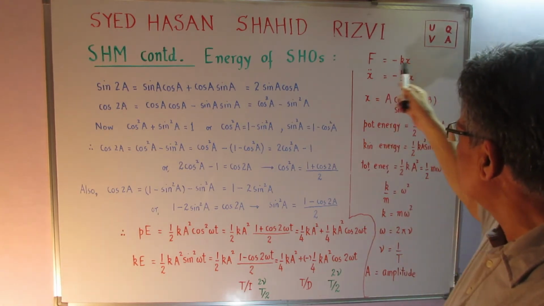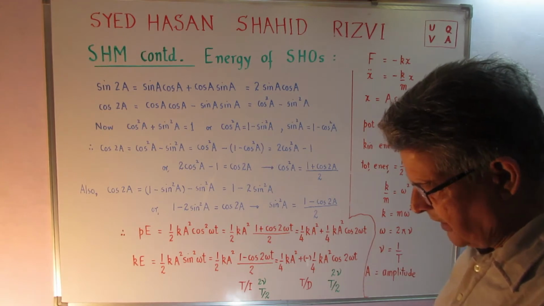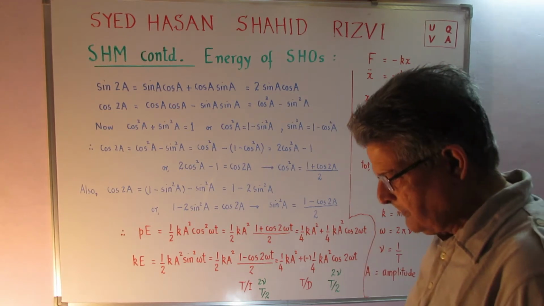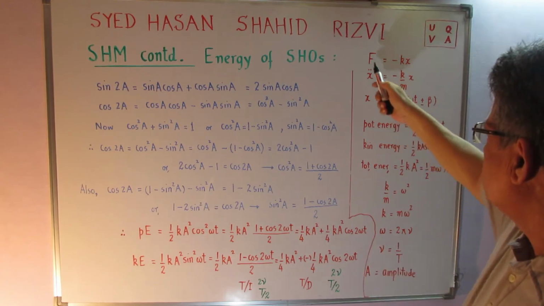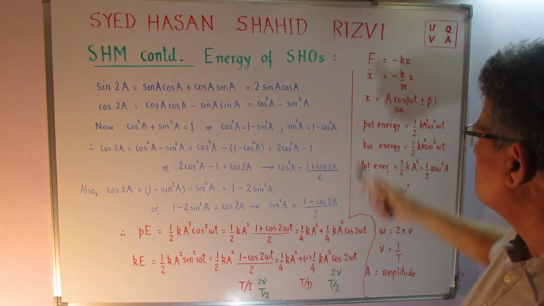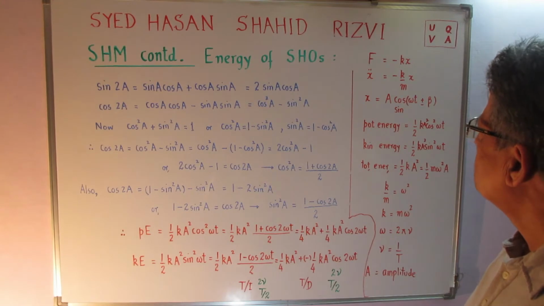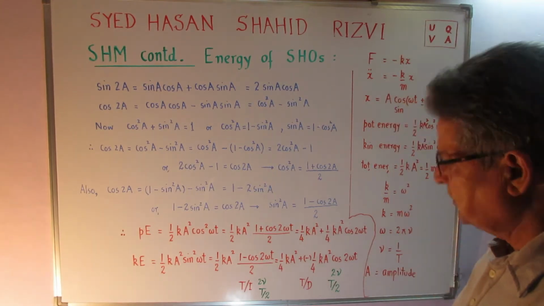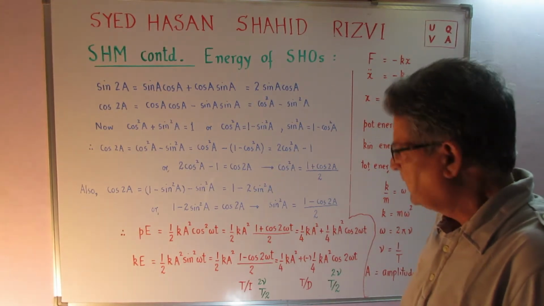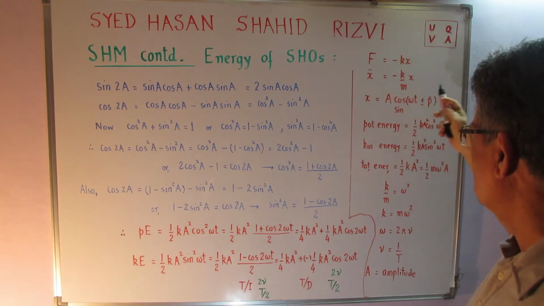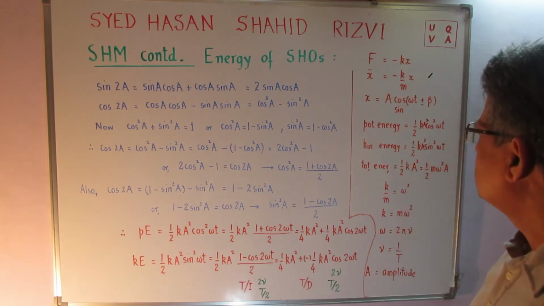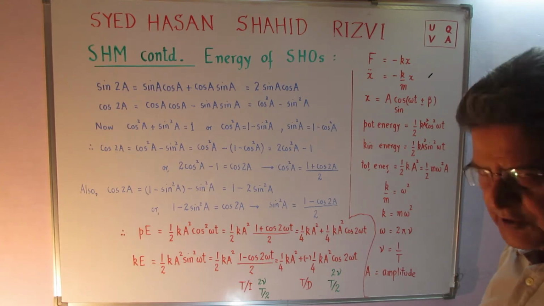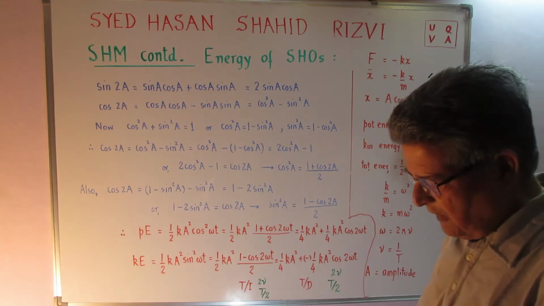So this is the basic equation of a one-dimensional simple harmonic oscillator, and therefore because F is equal to m d2x upon dt2, x double dot can be written as x double dot is equal to minus k over m x.